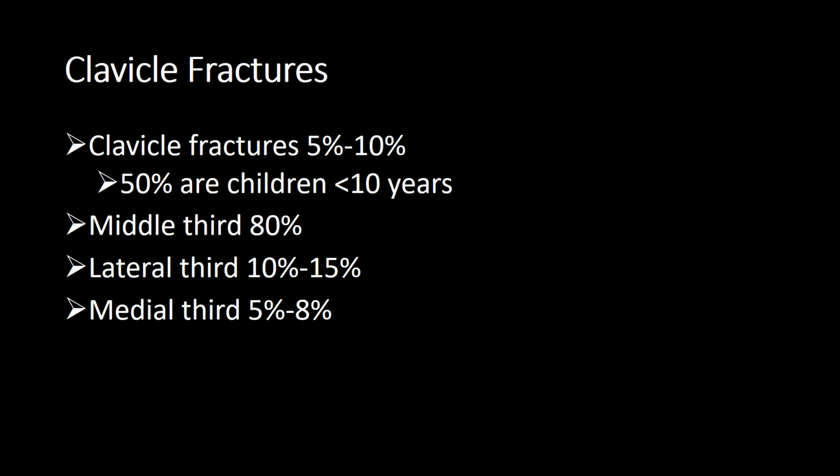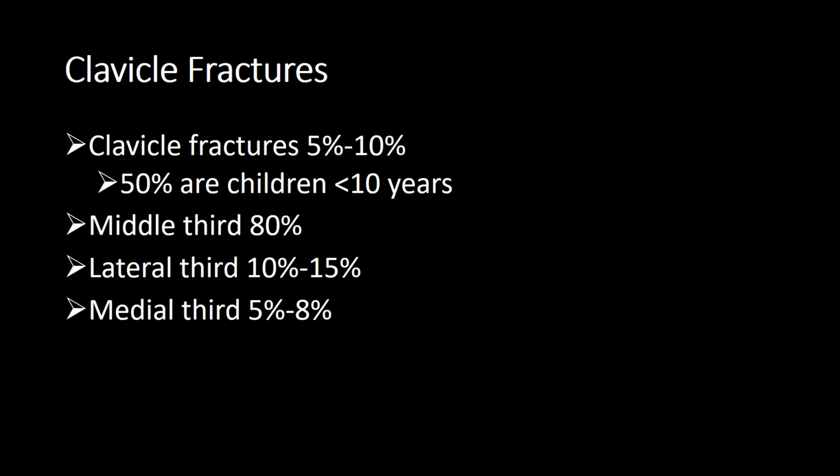Clavicle fractures are found in 5 to 10% of all shoulder injuries. Of these, over 50% are seen in children under the age of 10. Now, what I really want you to remember is that 80% affect the middle third, and this tends to occur where the diaphysis of the clavicle overlaps the ribs.